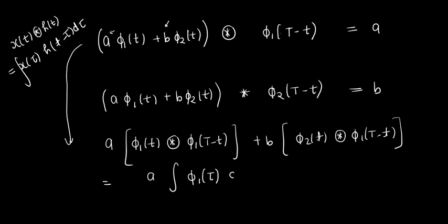So you can write phi 1 t into phi 1, so you have to write t minus tau. One second. T minus tau. h of t minus tau.